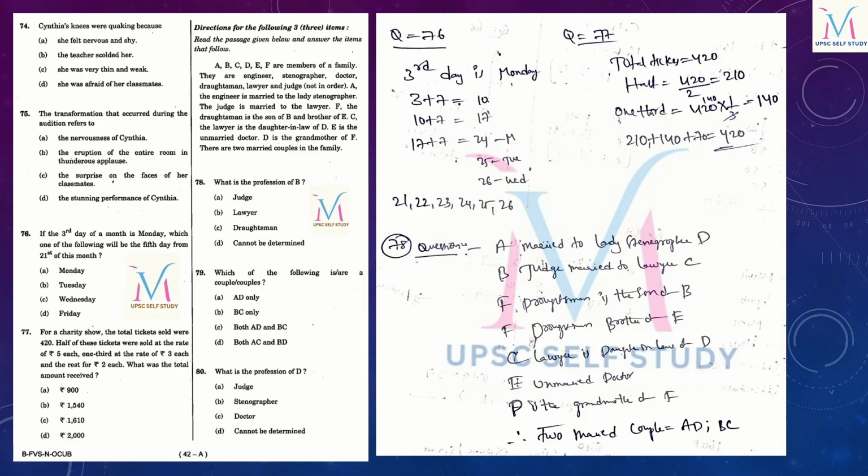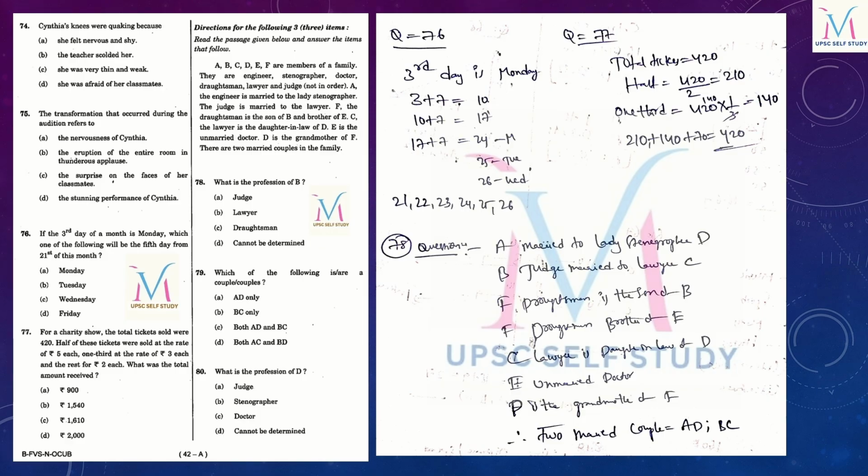The judge is married to the lawyer F. The draftsman is the son of B and the brother of E. C, the lawyer, is the daughter-in-law of D. E is the unmarried doctor. D is the grandmother of F. There are two married couples in the family.